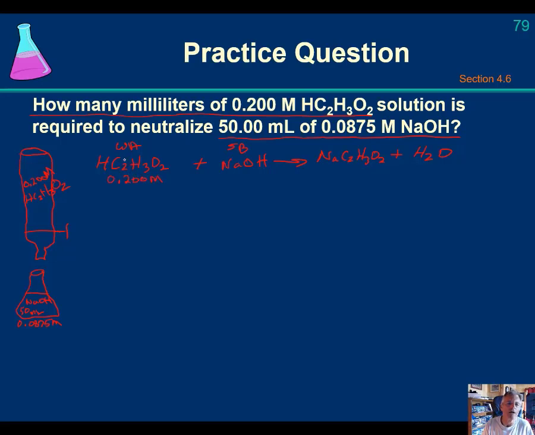We've got 0.200 molar of the acetic acid. We want to know how many milliliters of it are going to be required to neutralize a concentration of 0.0875 molar sodium hydroxide, and we have 50 milliliters of the stuff. This is a little bit different because we've got the sodium hydroxide in the Erlenmeyer flask.